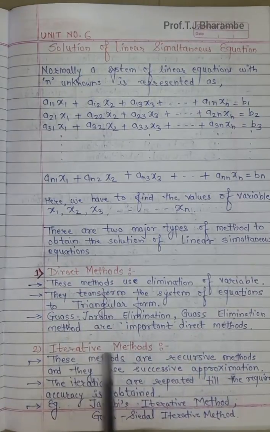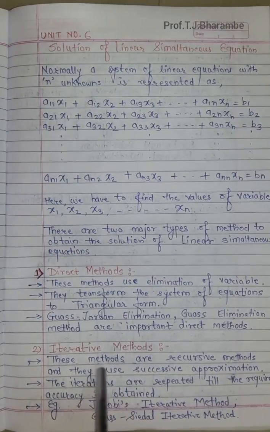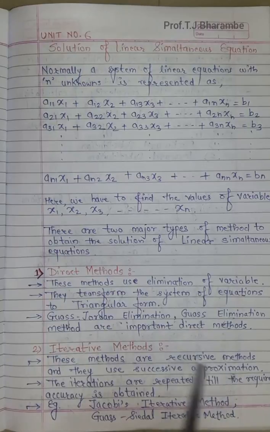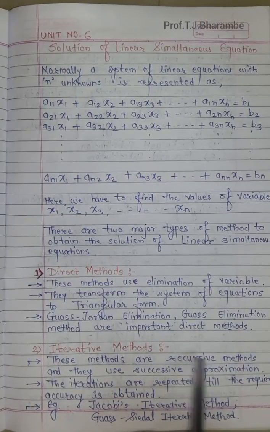The second methods are iterative methods. These methods are recursive methods and they use successive approximation. Recursive means we have to repeat the same method again and again, applying the same formula repeatedly.